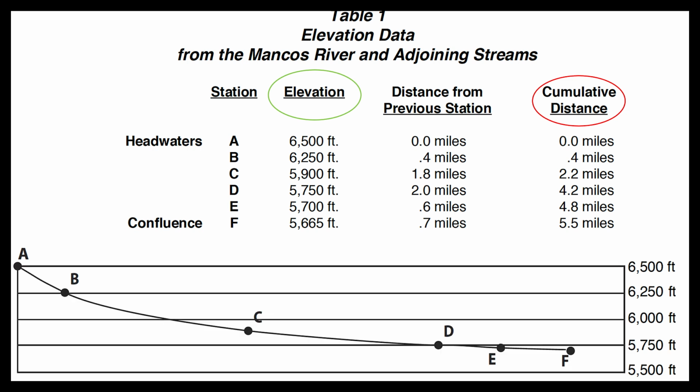There's a little bump in the data between D and E, but for the most part what you see is a steeper profile up near the headwaters, becoming more gentle as you get towards F. F is at the confluence between the adjoining stream to the Mancos River.